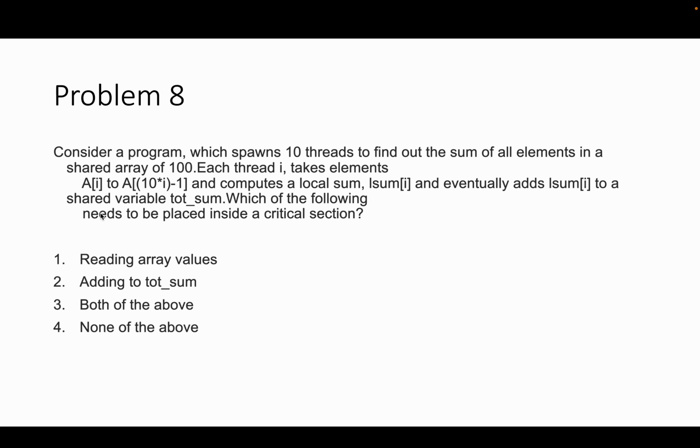Which of the following needs to be placed inside a critical section? First, reading array values; second, adding to total sum; both of the above; and none of the above.